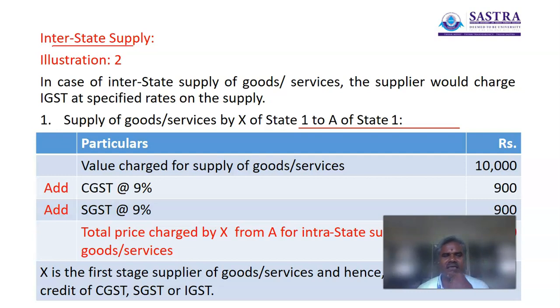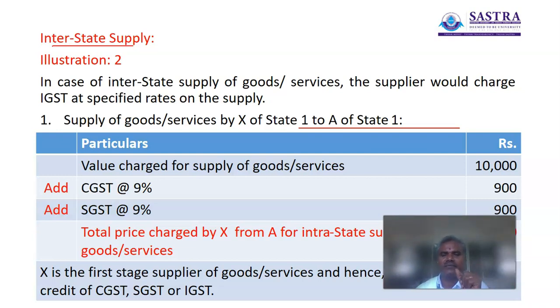But you see here, supply of goods or services by X of state 1 to A of state 1. Both are doing business in the same state. You take state 1 as Tamil Nadu, so both are doing business in Tamil Nadu. Suppose you take it as Maharashtra, they are doing business in Maharashtra. Both are doing business within the state.